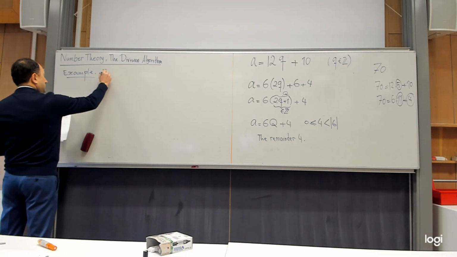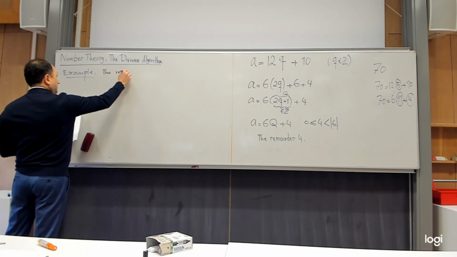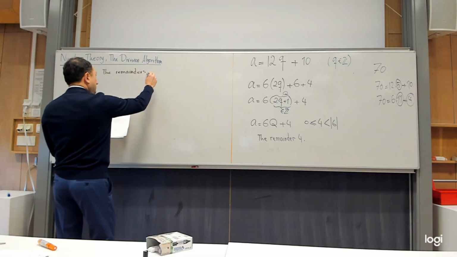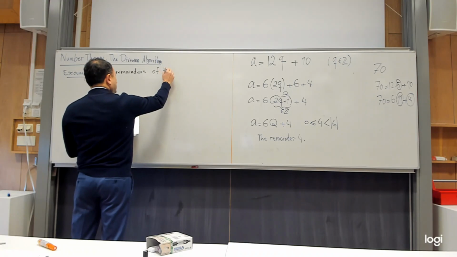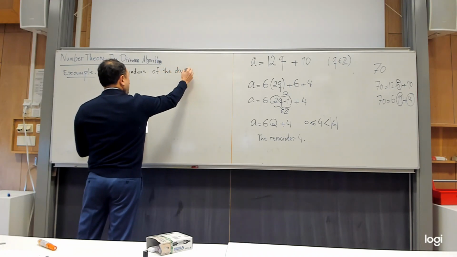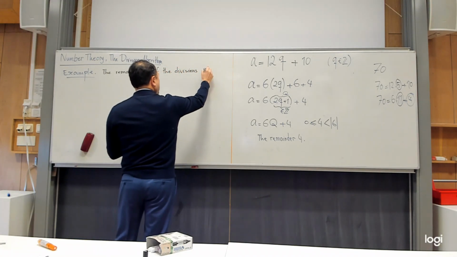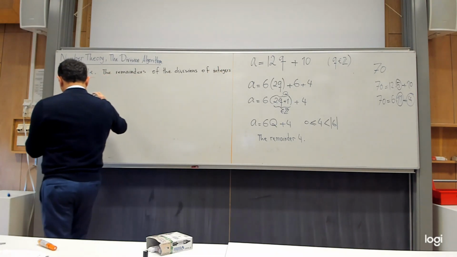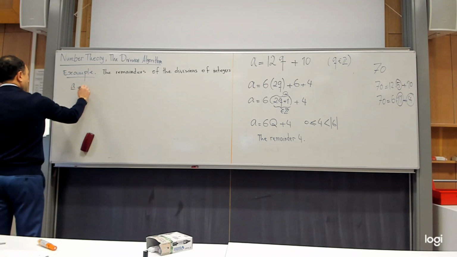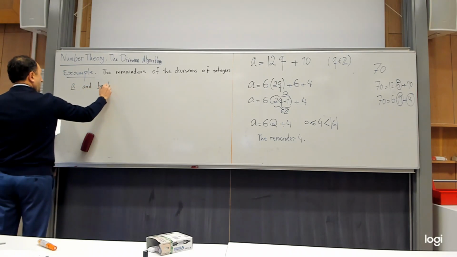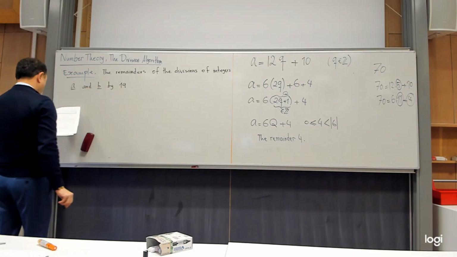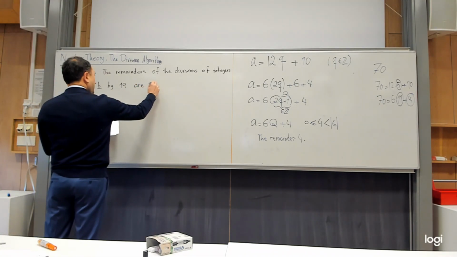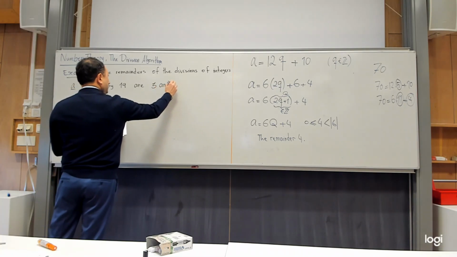The remainders of the divisions of integers a and b by 19 are 3 and 17 respectively.